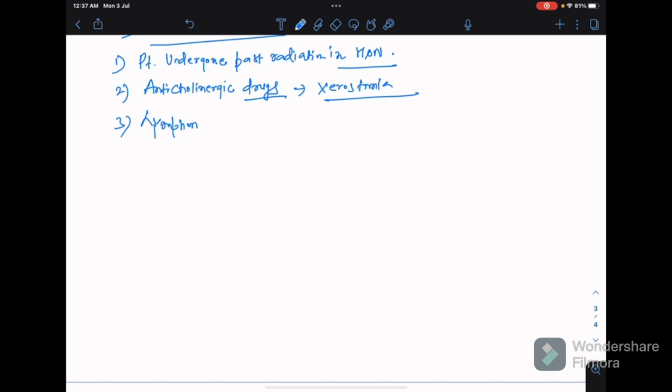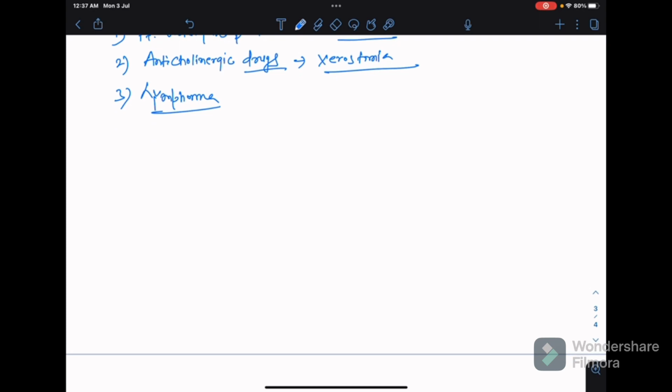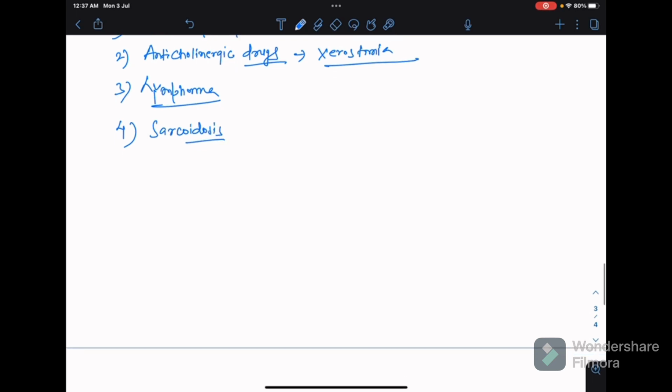Number 3, lymphoma. We know that in lymphoma there is an abnormal proliferation of lymphocytes. Basically, these are immature lymphocytes which are abnormally proliferated. So in that scenario also, on a histopathological slide, if you see plenty of lymphocytes, then you may confuse whether it is a case of lymphoma or Sjogren syndrome. Number 4 is if the patient is suffering from sarcoidosis.